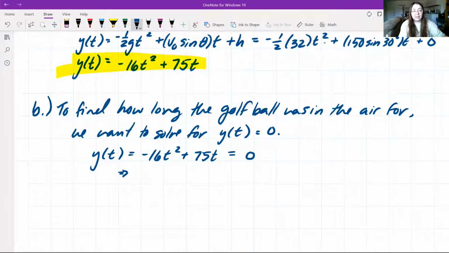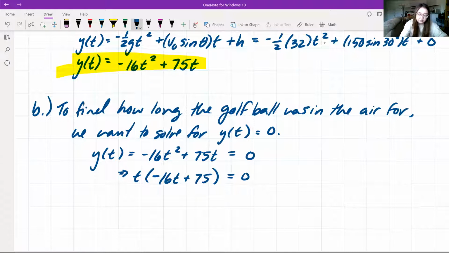The one thing that we can factor out of negative 16t squared plus 75t is t itself. So we can say t times negative 16t plus 75 is equal to 0. This automatically means that one of our values of t has to be equal to 0.